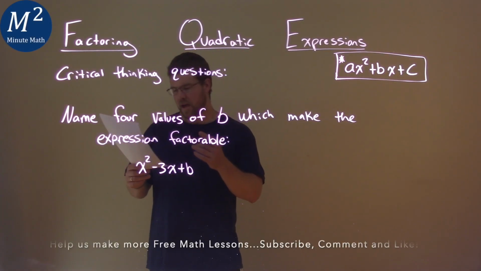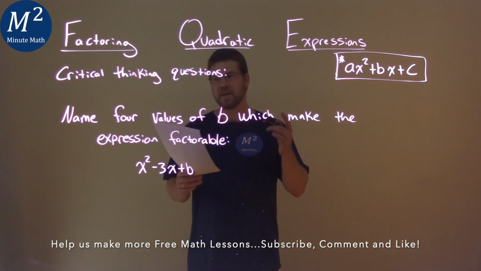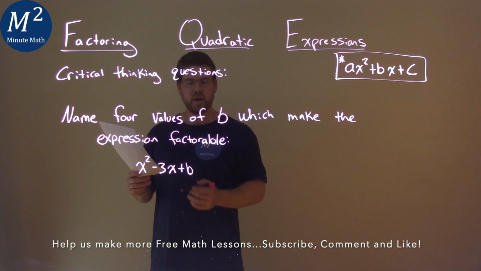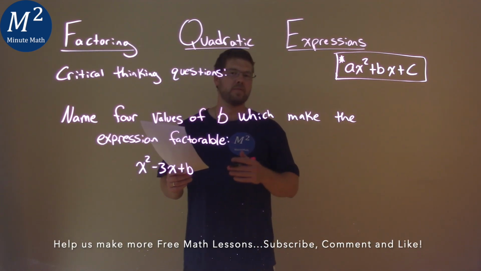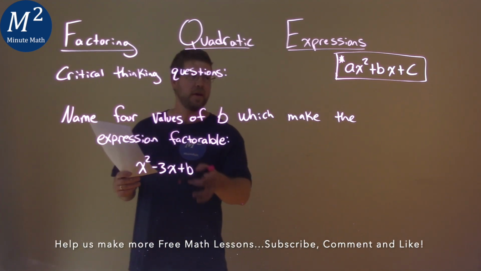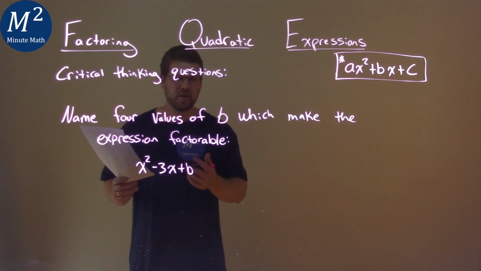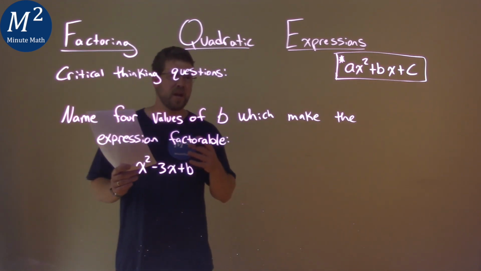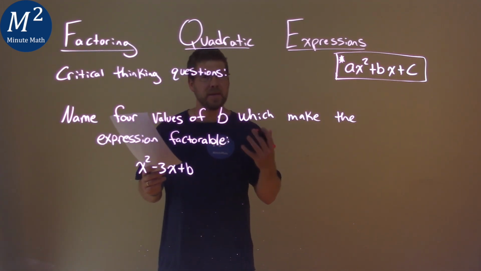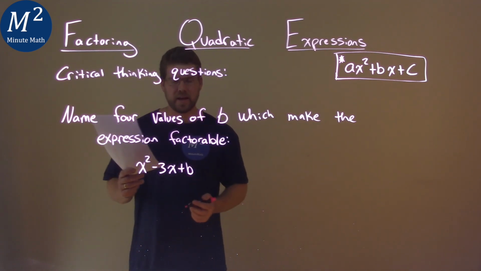We're given this problem. Name 4 values of b which make the expression factorable. x squared minus 3x plus b. Tricky here, b is really our c value. Well, what do we know? We know we have to find a number that multiplies to be b but adds to be negative 3.